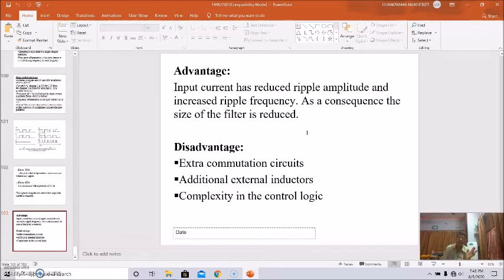And also we have discussed the advantages and disadvantages of multi-phase chopper operation. Okay, so I think that makes your idea clear.